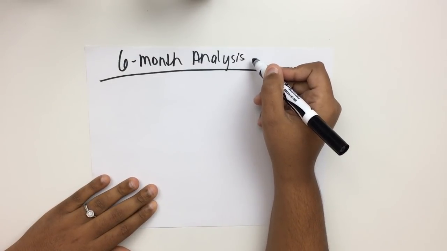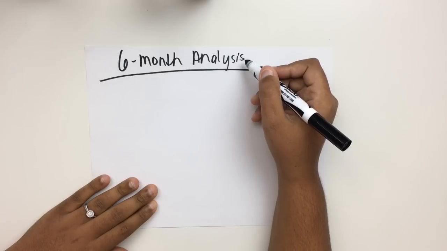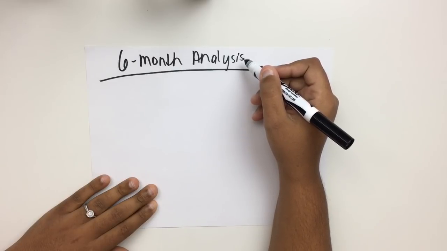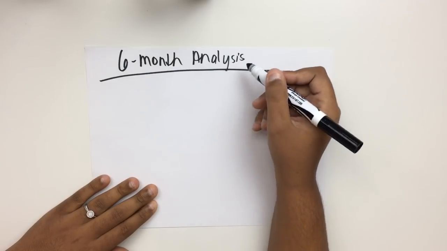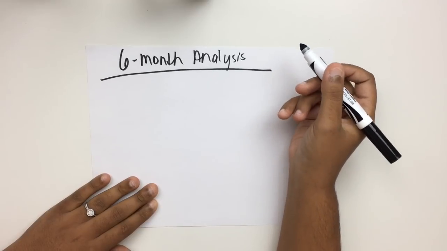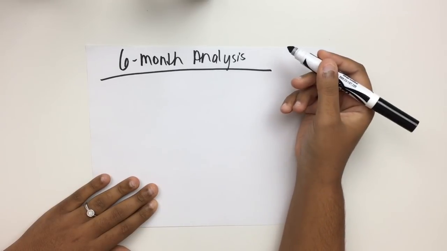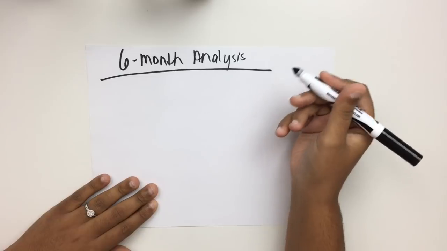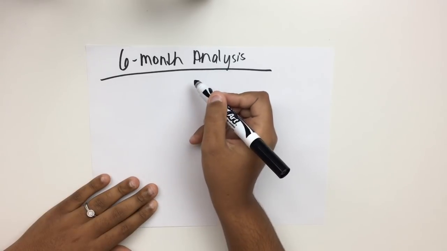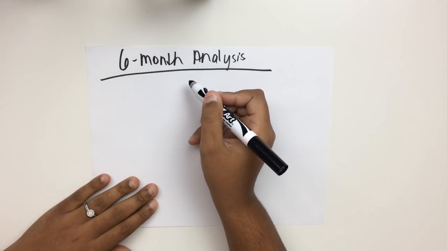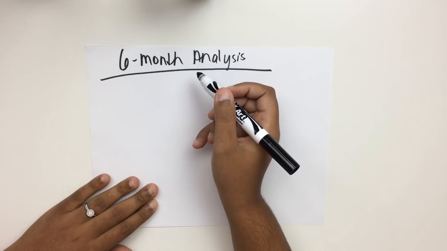Whenever we did our 6-month analysis, we did this back in like May or so to prepare for June. But let's say you're trying to prepare for the new year. What you're going to want to do is go back 6 months to see what you have been spending your money on. We're not going to do December. Let's say December was just a high month for expenses, and November may have even been one too.